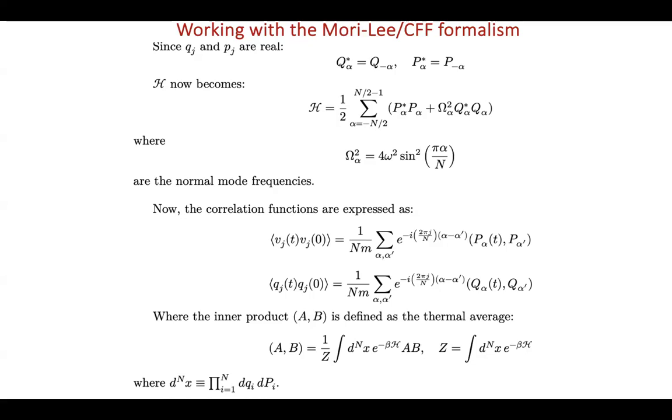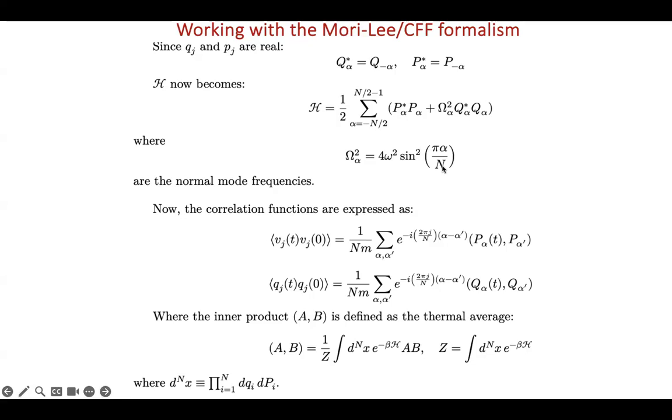So anyway, omega alpha, just like before, I talked about this dispersion relation. This is the dispersion relation here. So omega alpha squared, this quantity, is 4 omega squared sine squared of pi alpha over n. Alpha is our mode index. N is the number of particles.